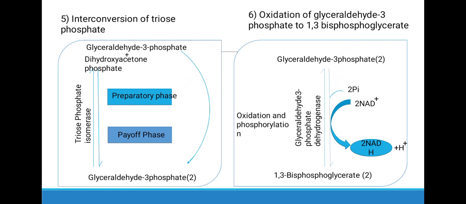In this reaction, glyceraldehyde 3-phosphate dehydrogenase is used as the enzyme. Oxidation and phosphorylation take place in this step. Here 2 Pi molecules are also involved and 2 NAD plus is converted into 2 NADH plus H plus.